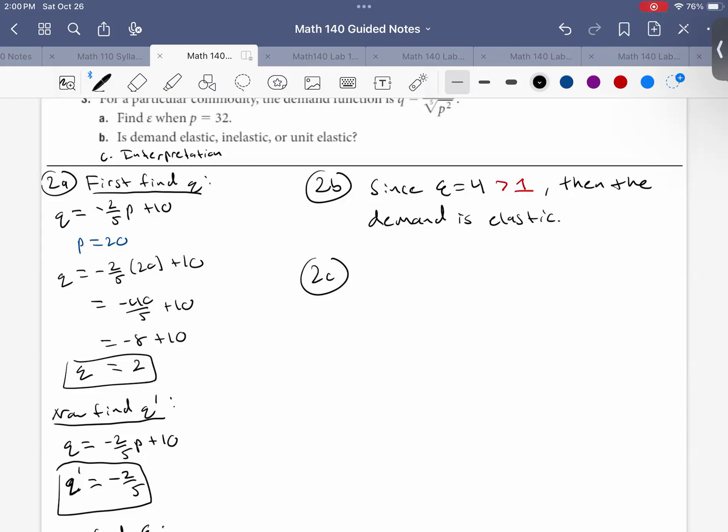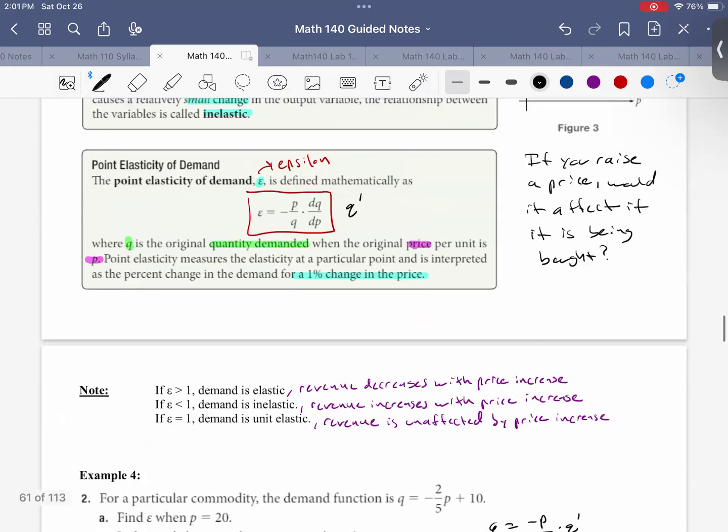So what I'll say here is coming off of this 1% change in price, right? Some type of interpretation.